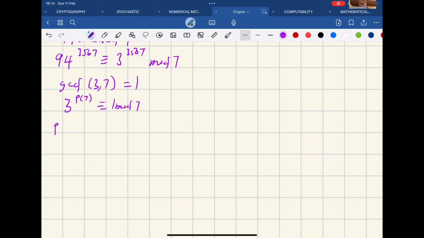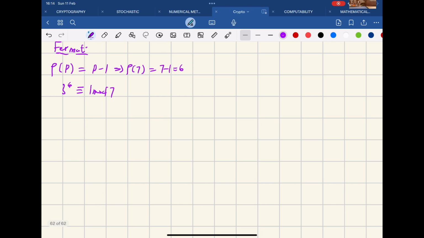Now, what is phi of 7? Fermat said that phi of any prime number p is p minus 1. So phi of 7 is 7 minus 1, which is 6. So 3 exponent 6 is congruent to 1 mod 7.